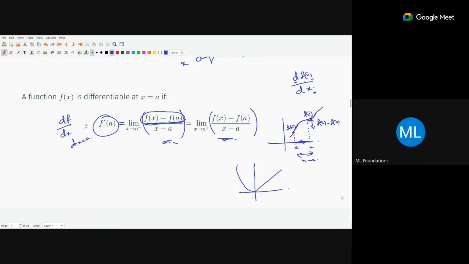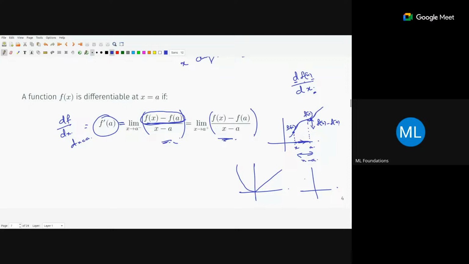Here it is not differentiable; the rate of change will be different. That doesn't mean the function is not continuous. But the vice versa is: if it is not continuous, then definitely the rate of change from the left hand side and the right hand side will not be equal. So that I am concluding.